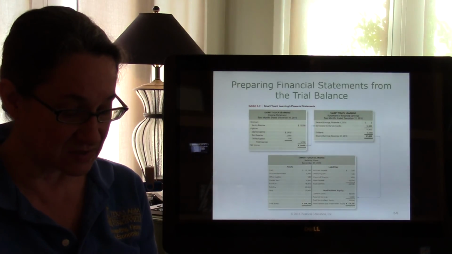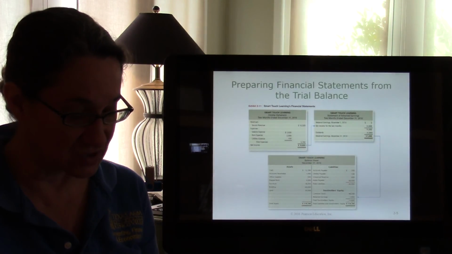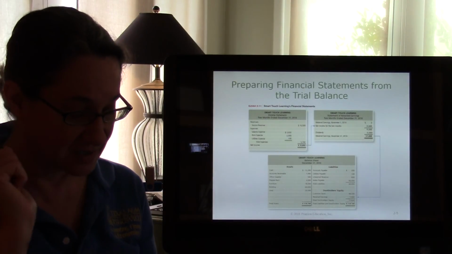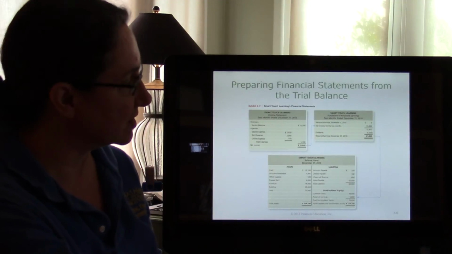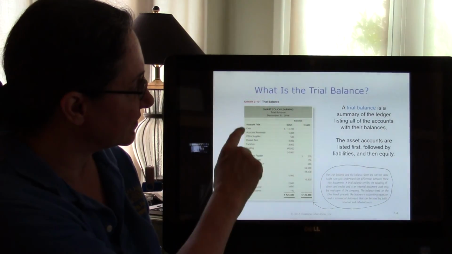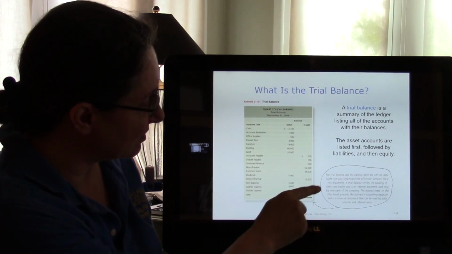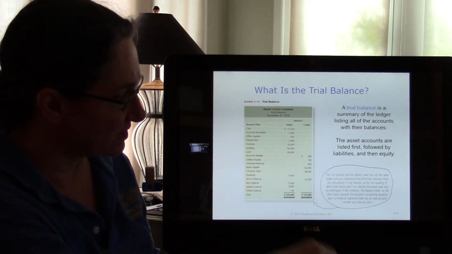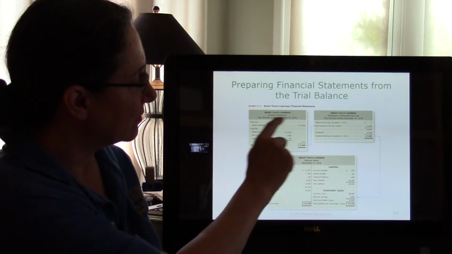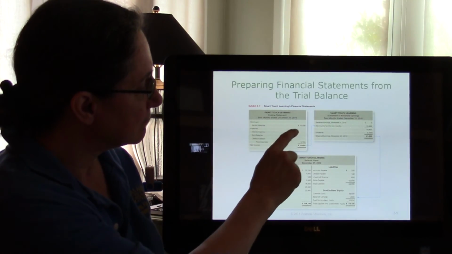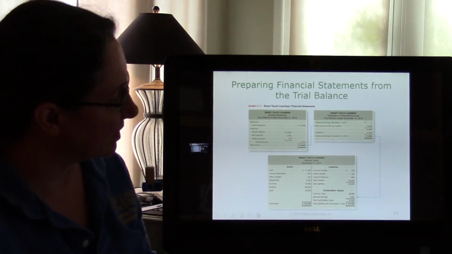The account balances are taken directly from the trial balance to prepare the income statement, statement of retained earnings, and balance sheet. So if you look back here, you'll see that we've taken the revenues and the expenses right off of this trial balance, and I put them here, right? Revenues minus expenses equal net income.